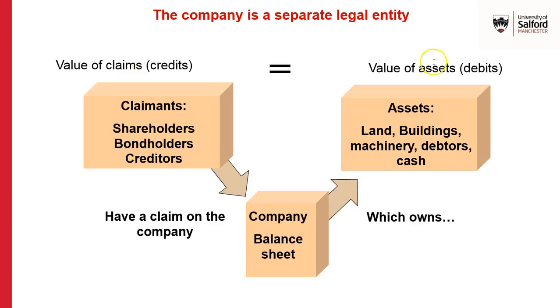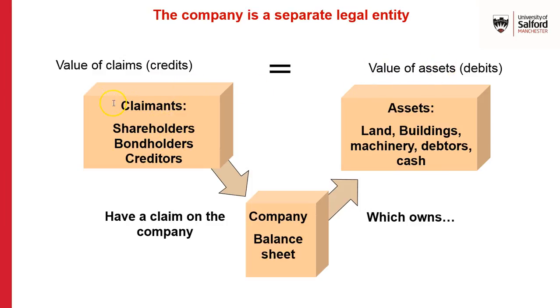And then the accounting equation, as it's called, is in various levels of detail, but in its most generalized form, it is the value of the claims on the company should equal the value of the assets of the company. If the assets of the company do not meet the value of the claims, then there are losses, which are like the balancing figure, so that it does balance.